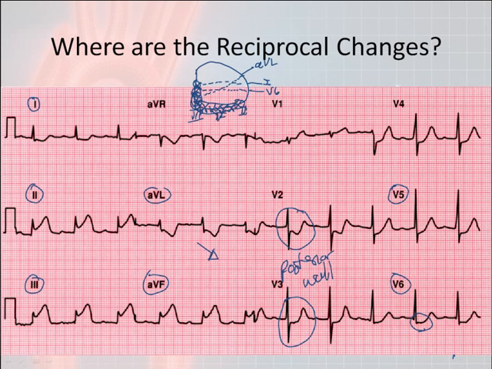So we have this ST segment depression over here. That's a posterior wall MI that we're having as well. So not only are we having elevation in the inferior wall as well as the right lateral wall, it looks like we might actually be having a posterior wall problem as well.